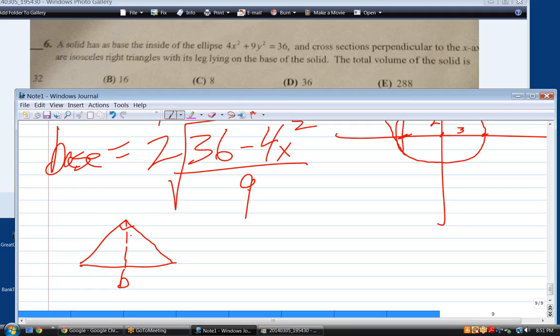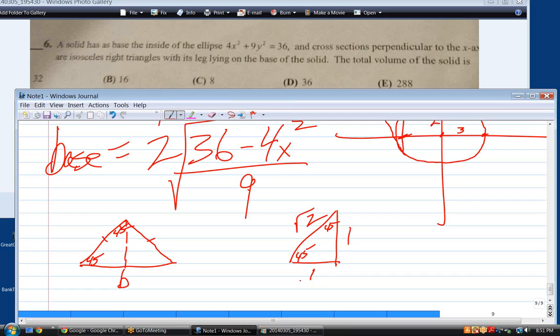If that's a right isosceles triangle, these are each 45. So this side is equal to this side, but the height is, if I draw my similar triangle here, 45, 45, it's 1, 1, square root of 2.